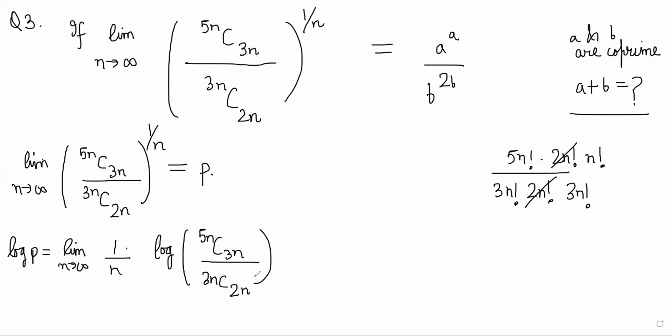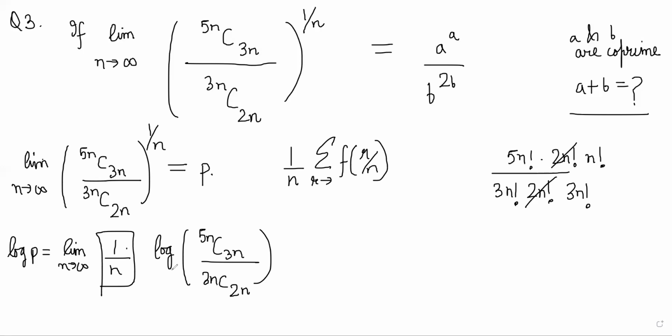Can we write this log as a summation of f of r by n, where r varies from something to something, because 1 by n is already there?